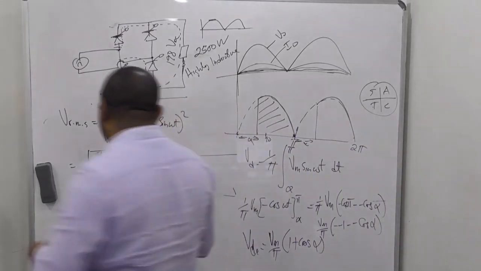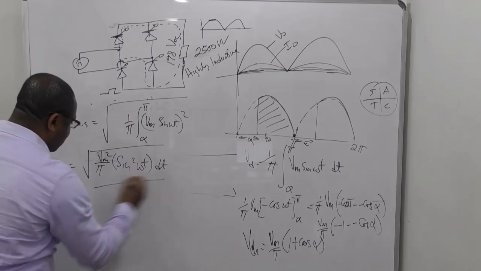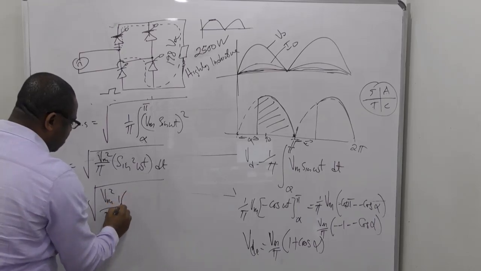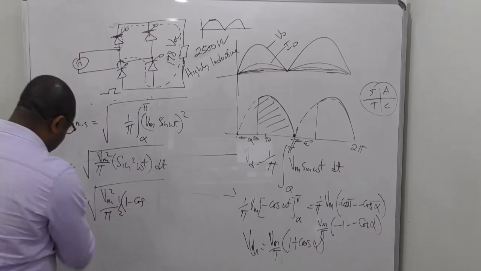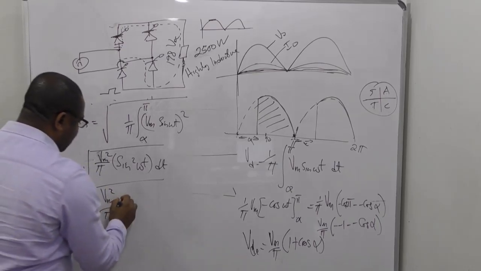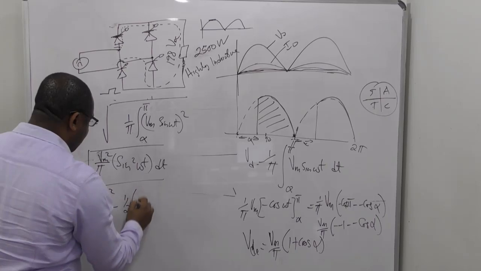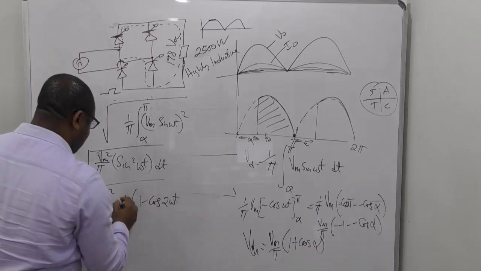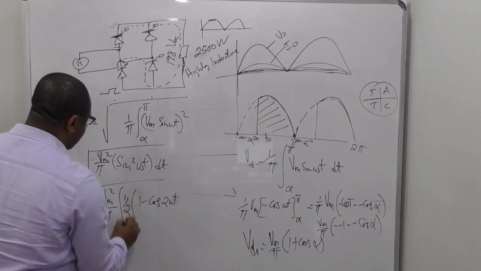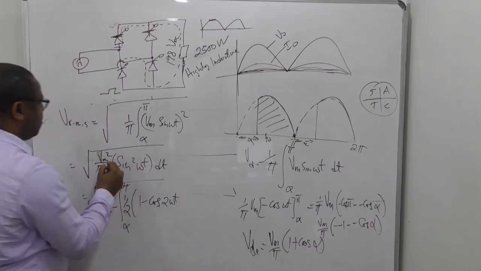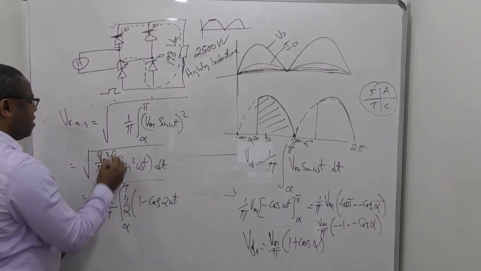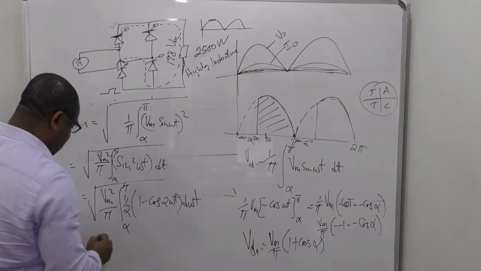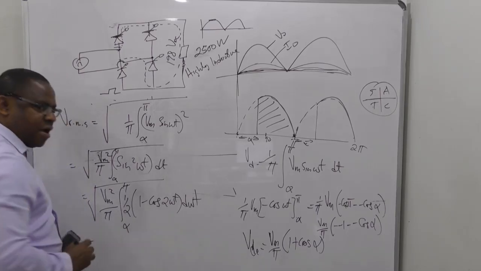Okay, so we can have this as the square root of Vm squared over pi into half by 1 minus cos 2 omega t integral alpha to pi. I forgot to put the integral again here, alpha to pi, now the omega t.